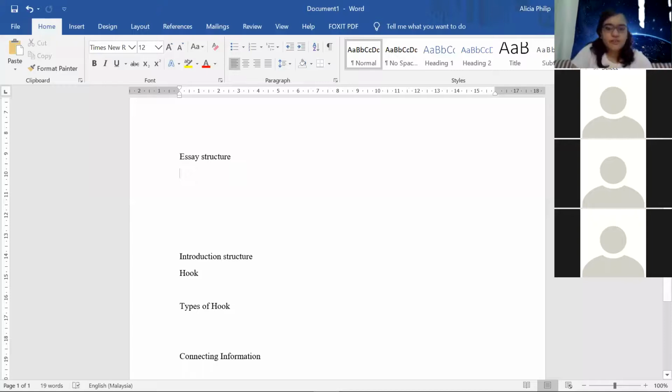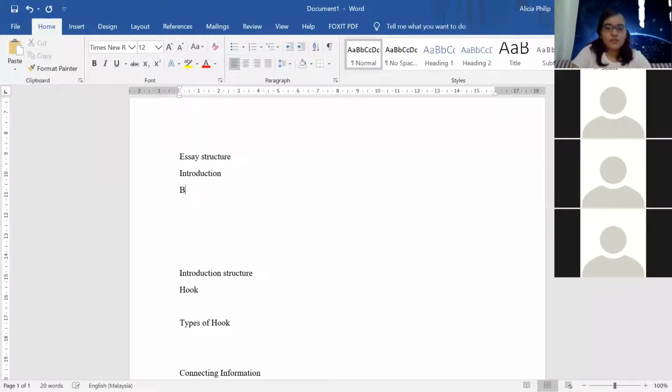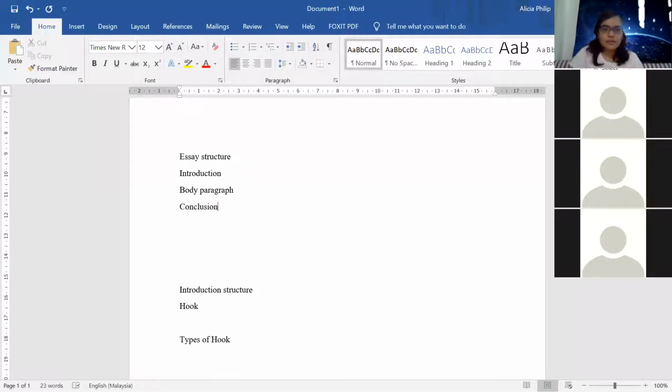Okay, now let's look here. For your essay structure, you have your introduction. And then you move on to your body paragraph. And then you have your conclusion, correct? This is how an essay structure looks like.